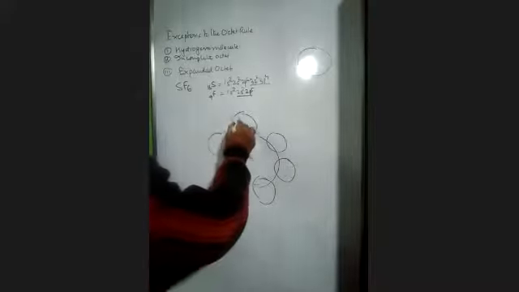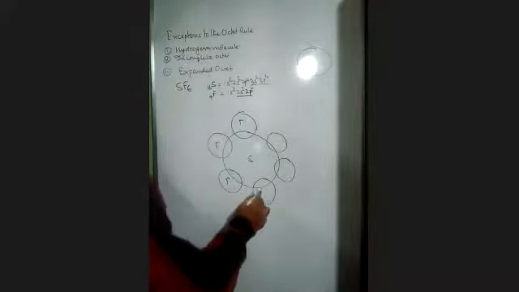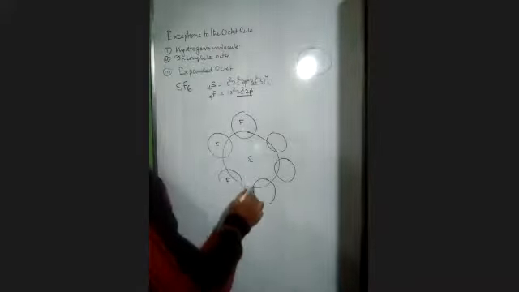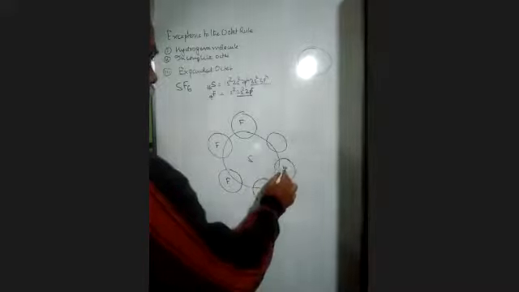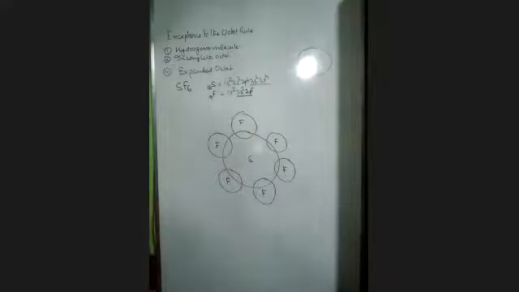Draw it down. Put the valence electrons, automatically the structure will come. And calculate the number of electrons.